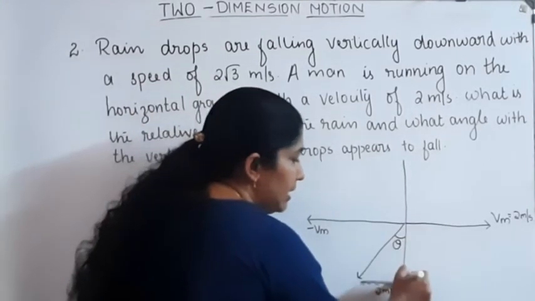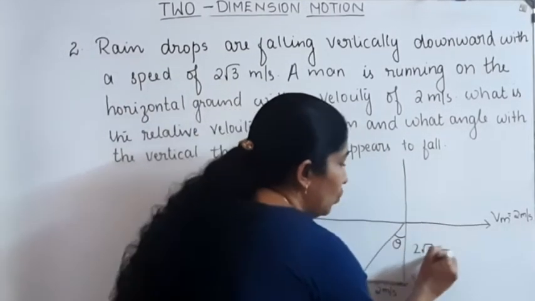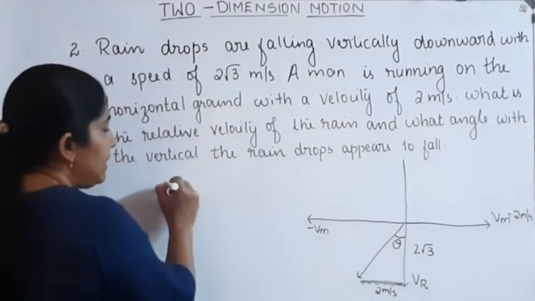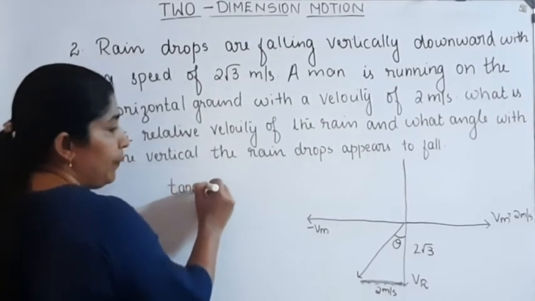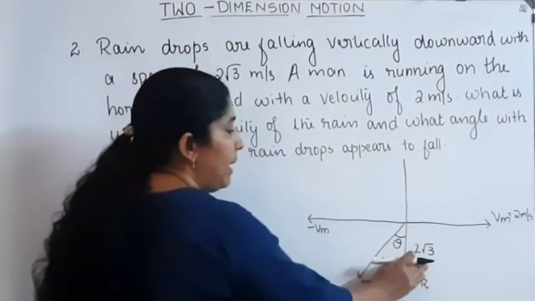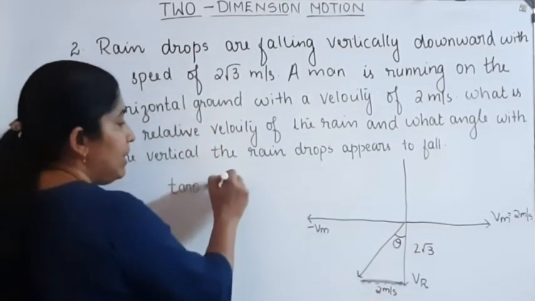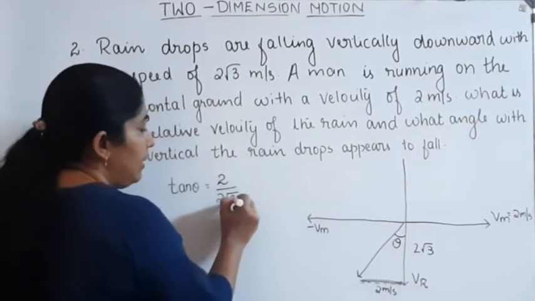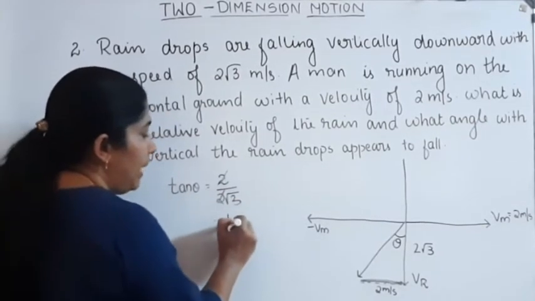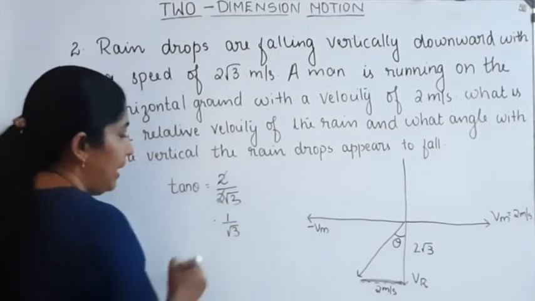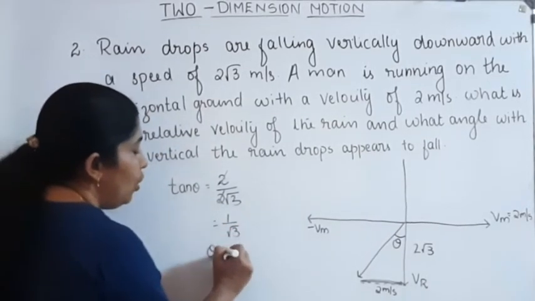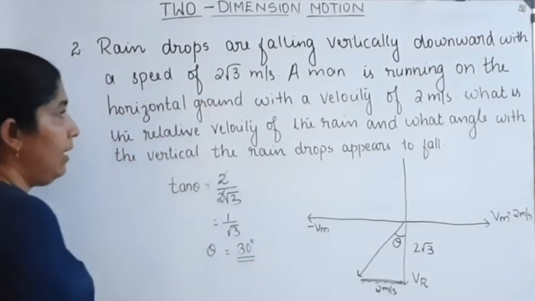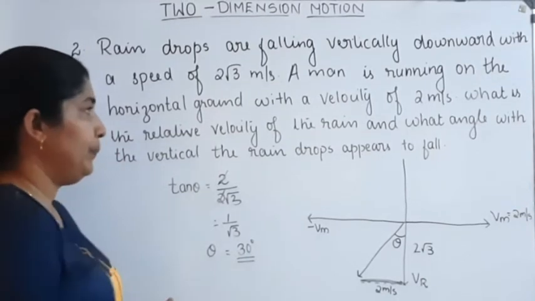And this is the velocity of rain, taken as 2 root 3. Then what about tan theta? Tan theta is equal to opposite side divided by adjacent side. Opposite side is 2, adjacent side is 2 root 3. Then 2 gets cancelled, tan theta is equal to 1 by root 3. That is theta is equal to 30 degrees. 30 degrees with the vertical, the raindrops appear to fall.